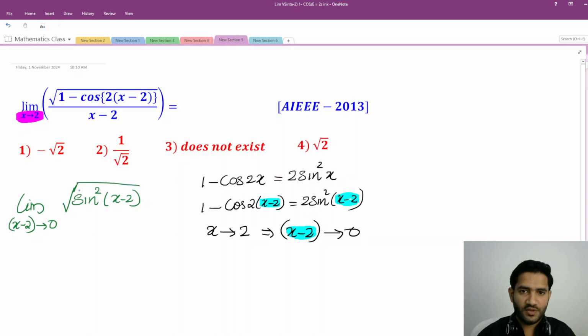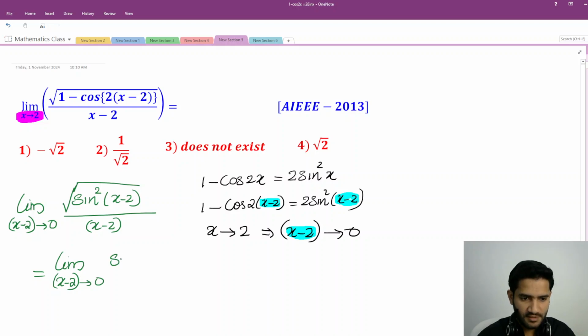Square root of a square, we'll get the identity. Again we have x minus 2. So limit x minus 2 tends to 0, sine of x minus 2 divided by x minus 2.